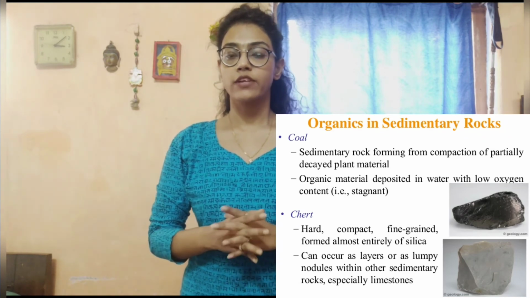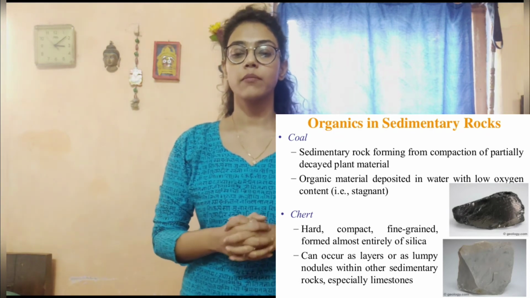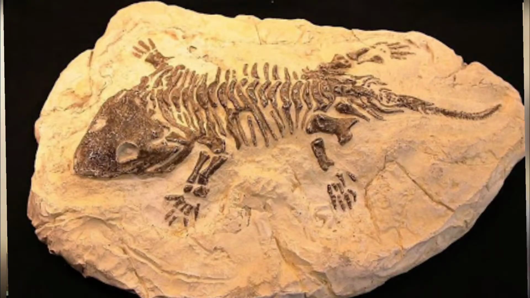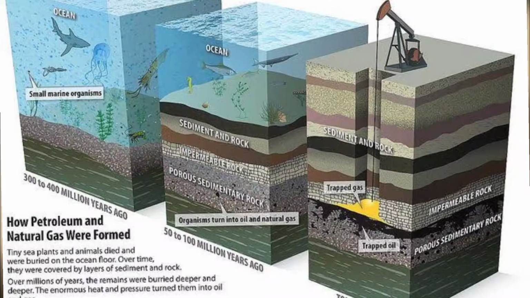All the organic debris are suppressed and preserved between the layers, which are basically called fossils. So this is how the organically formed sedimentary rocks are formed. And coal and petroleum are the common examples of the organically formed sedimentary rocks.